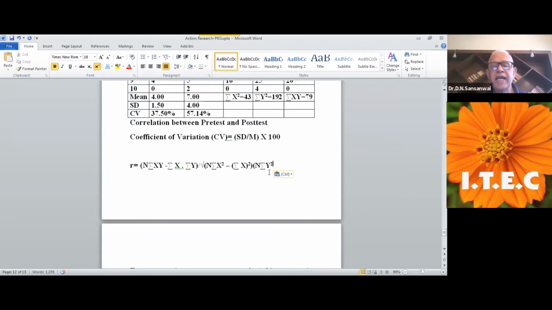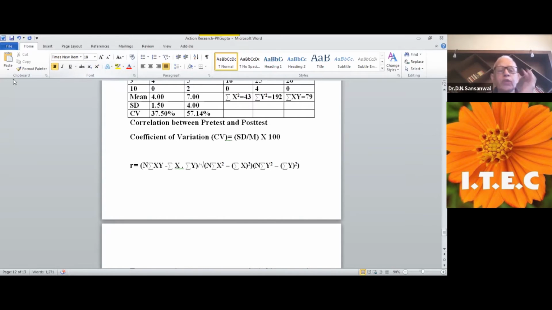So it is n into sigma y square, then minus, and then you have sigma y, and then it is whole square. So this is the formula which those people who are interested can use.